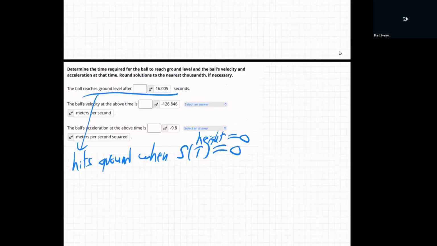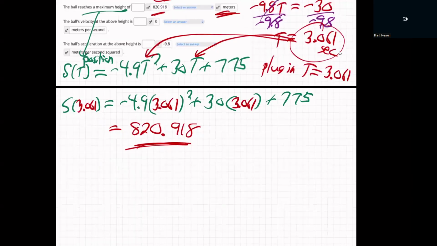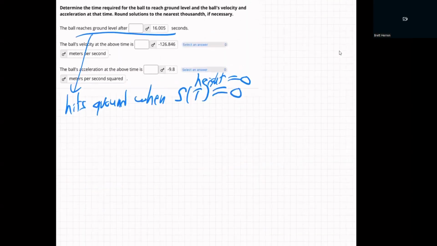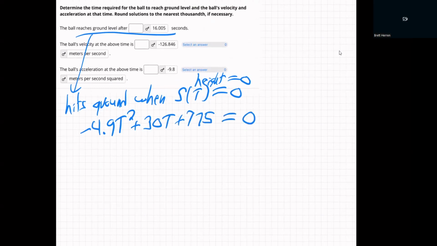So I got to go back and grab the S of t function, which is that one, minus 4.9, 30, and 775, plus t equals zero, because this is the height. It's the position, the height. So we know when's the position going to be zero? It hits the ground when the height is zero.